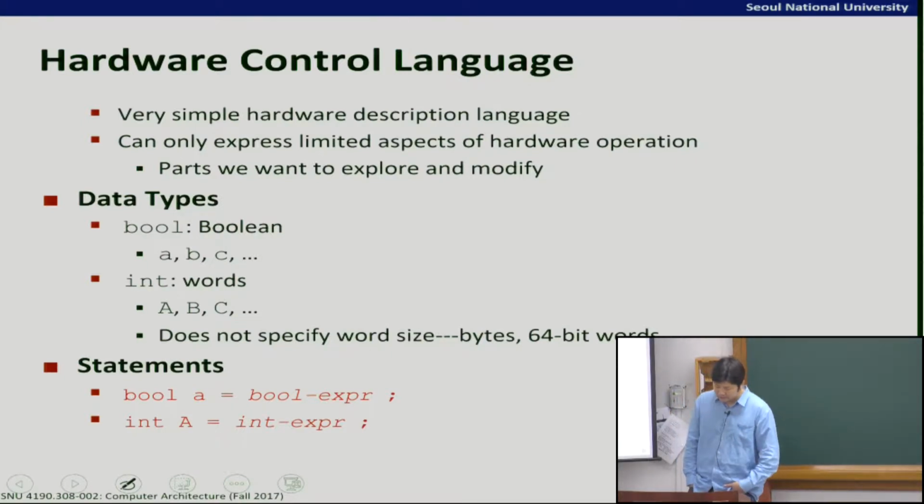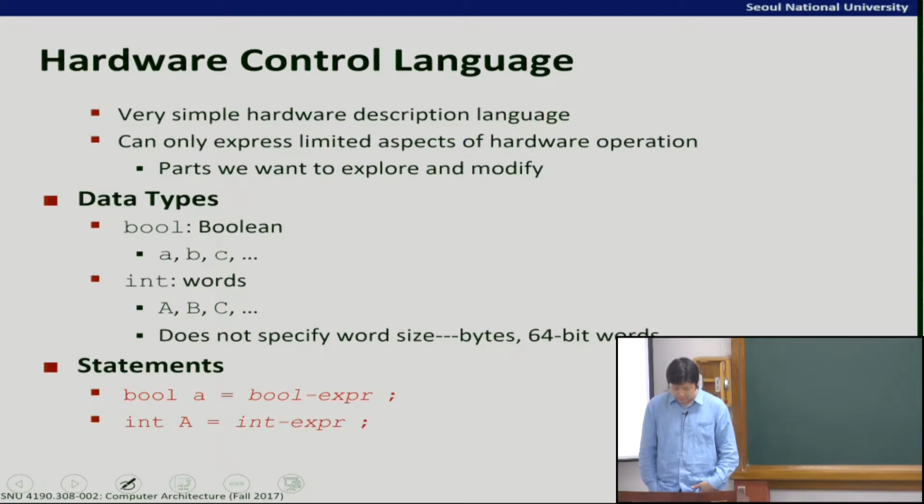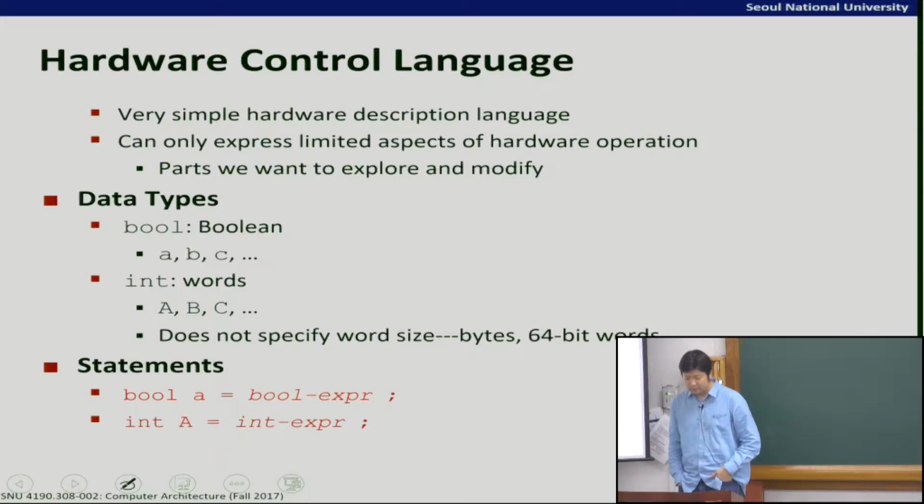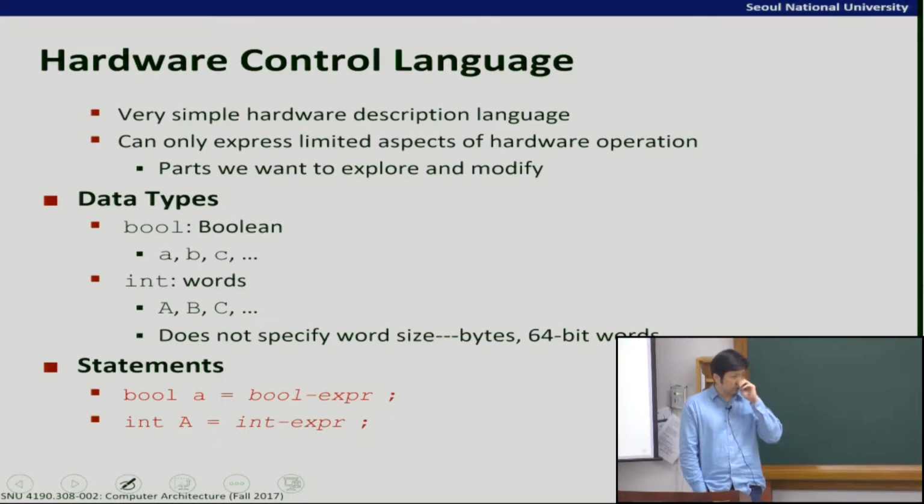There are two data types, Boolean and int. By convention we use lowercase names for Boolean variables, small a, small b, and small c. For words, because we have a 64-bit architecture, by default a word is 64 bits long.